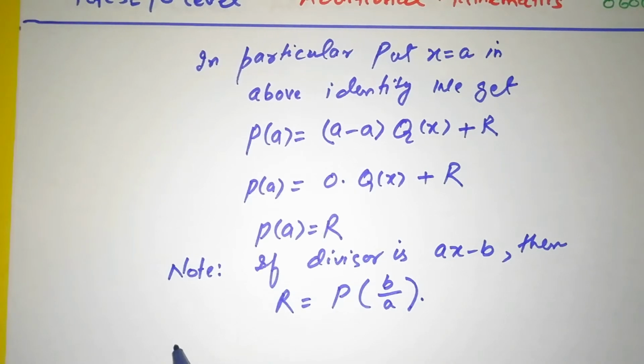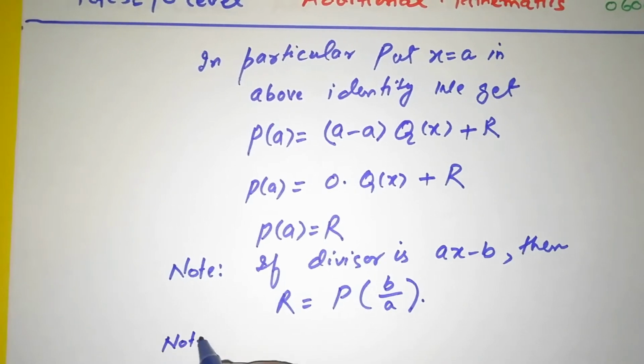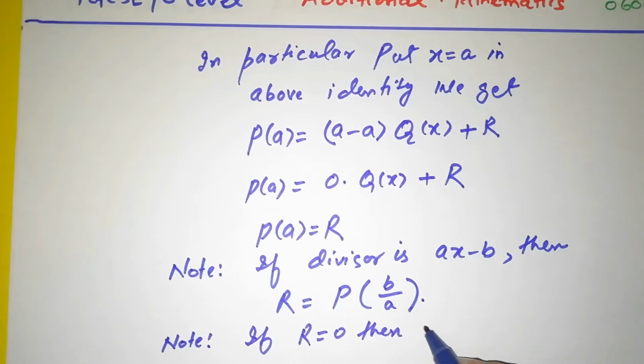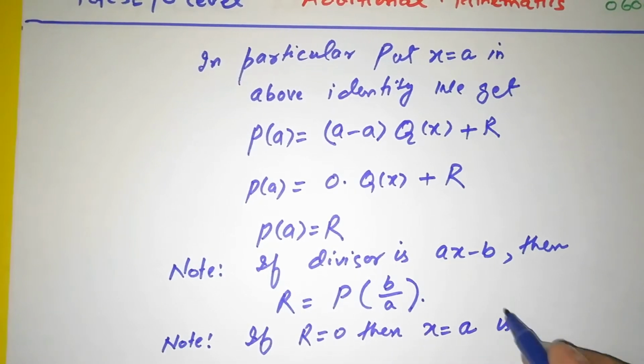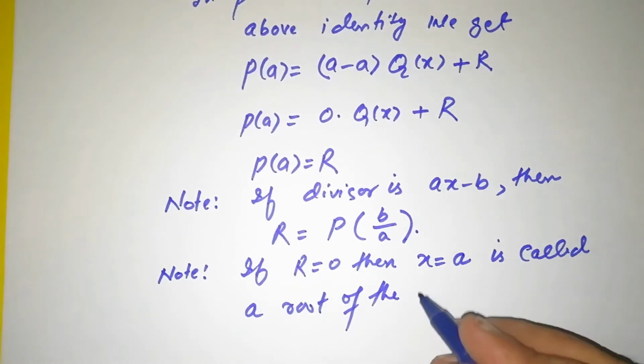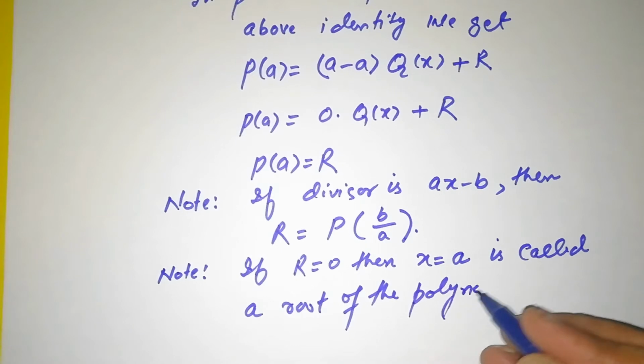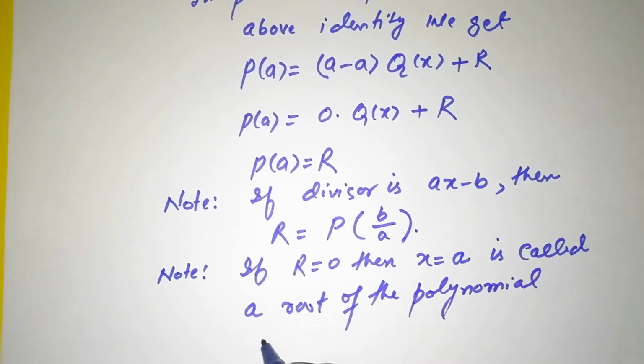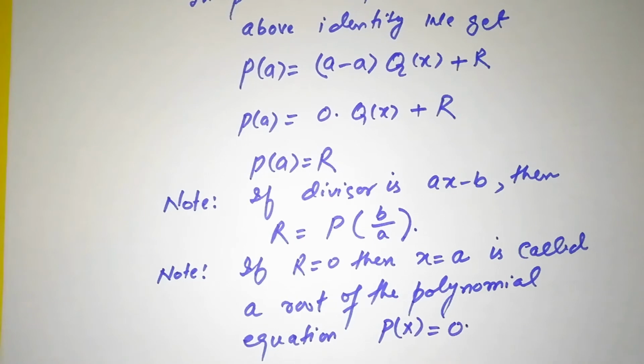Again note, if the remainder is 0, then x equal to a is called a root of the polynomial equation p(x) equal to 0.